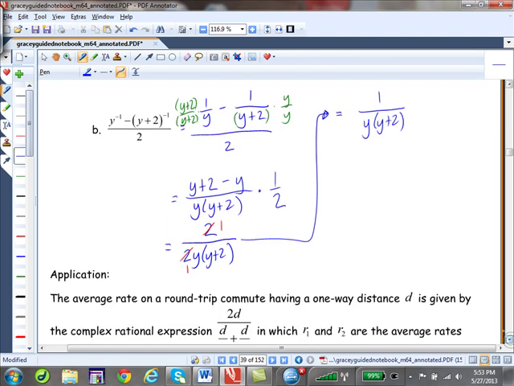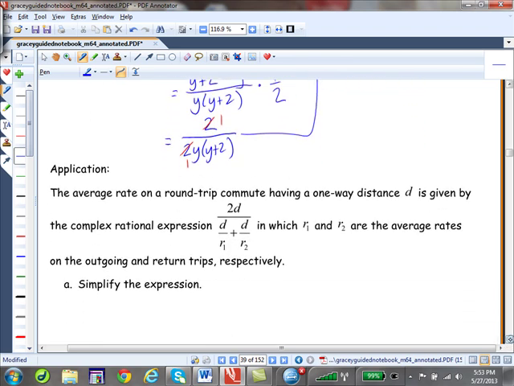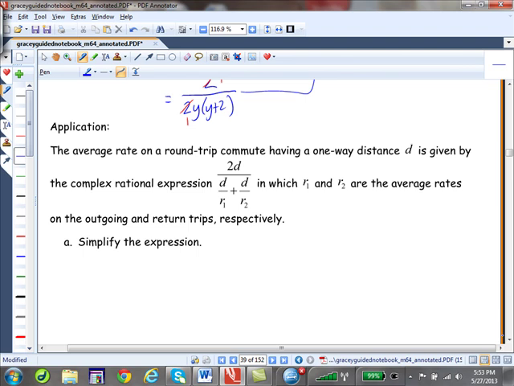Next up is our application. Oh, this is kind of interesting. The average rate on a round-trip commute having a one-way distance d is given by the complex rational expression 2 times d divided by the quantity d over r1 plus d over r2, where r1 and r2 are the average rates on the outgoing and return trips respectively.